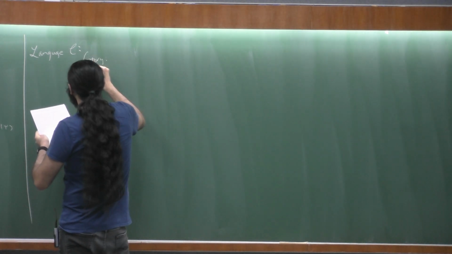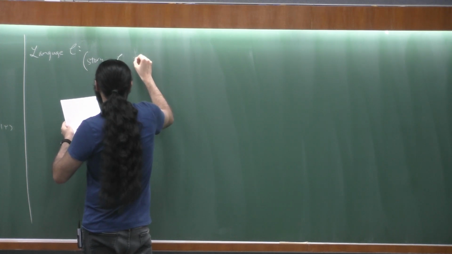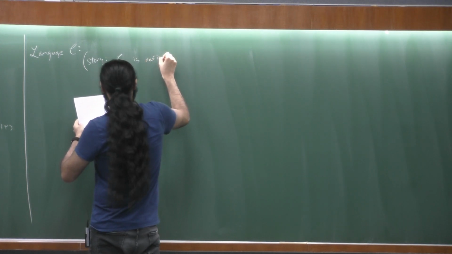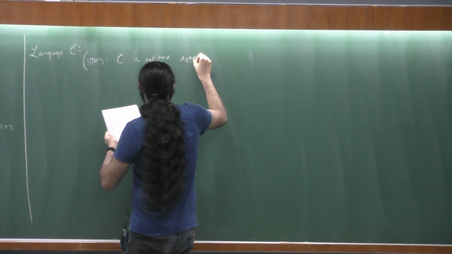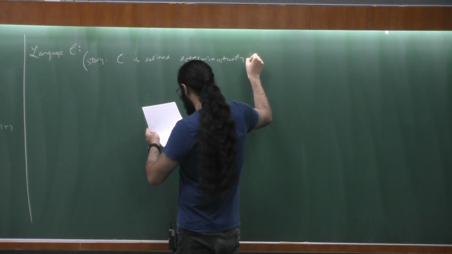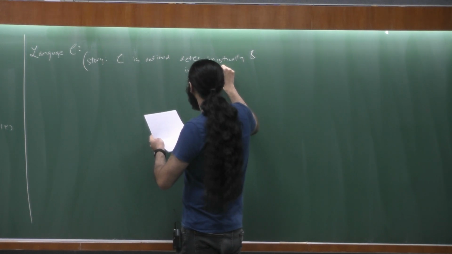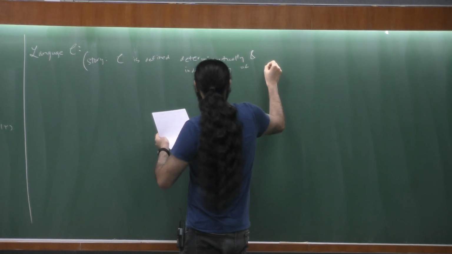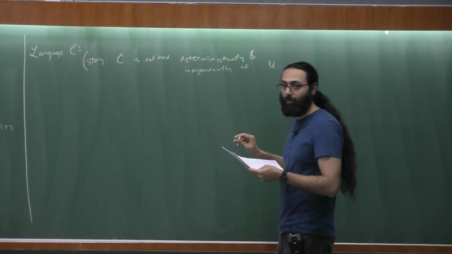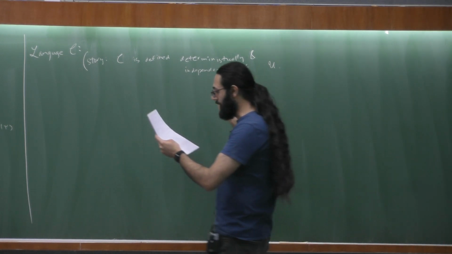Here are some quick remarks about this language C. C is defined deterministically and independently of U. So the language is fixed, it's independent of the first oracle. That's the first point.